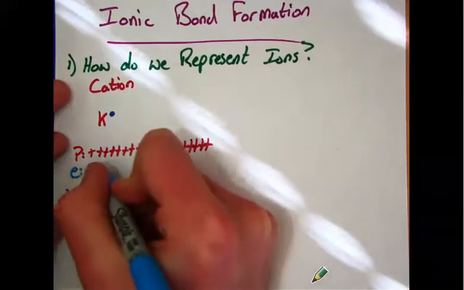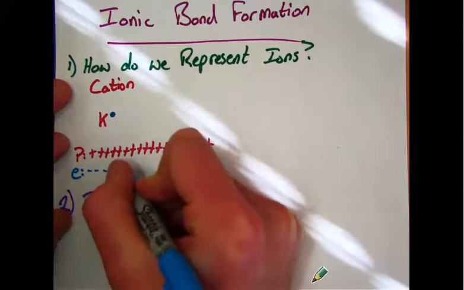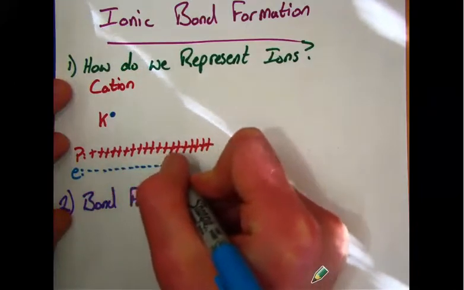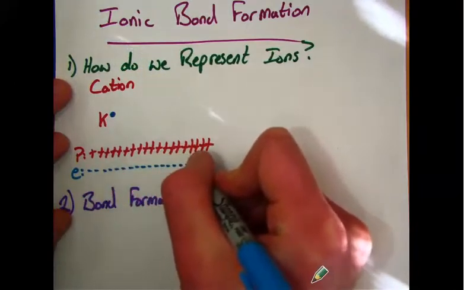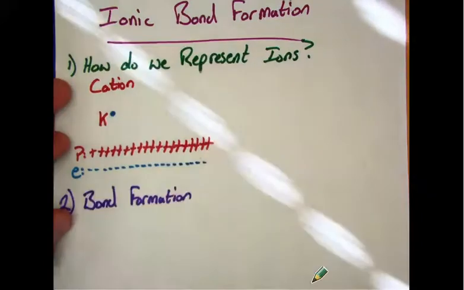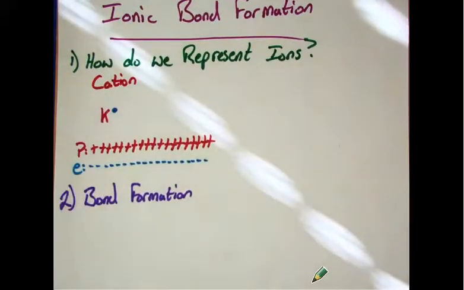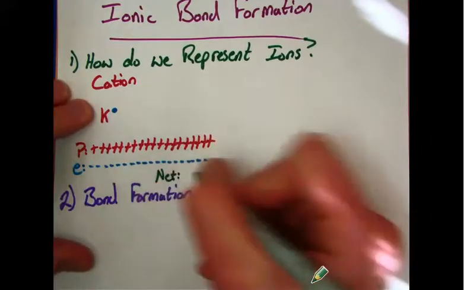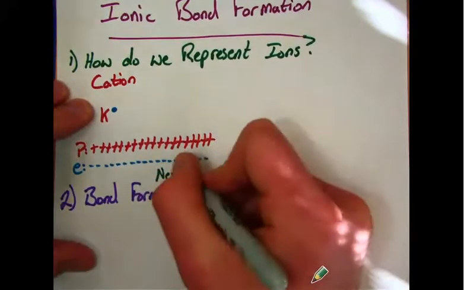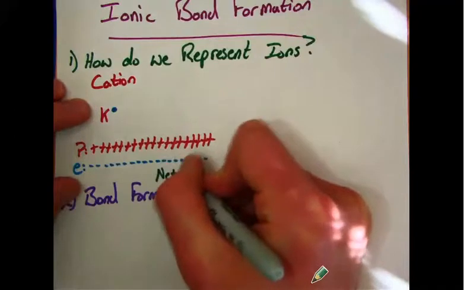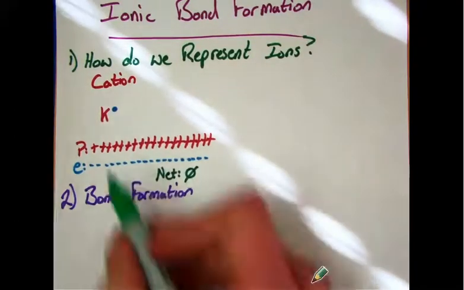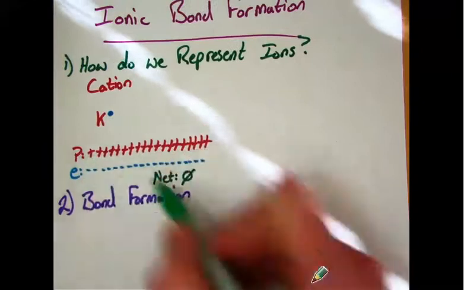So we count 1, 2, 3, up to 19 electrons. So currently the net charge, which means total, net means total, not that thing that you kick balls into, is 0. Net charge is 0, because each of the protons cancels out an electron.